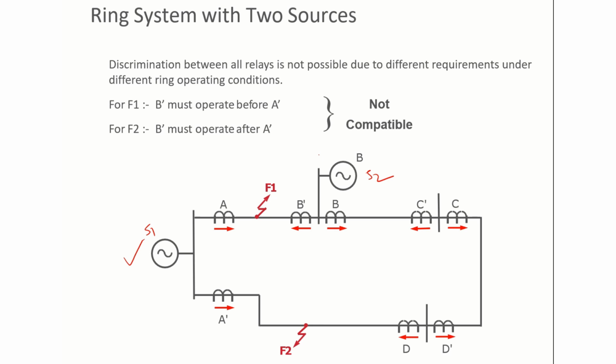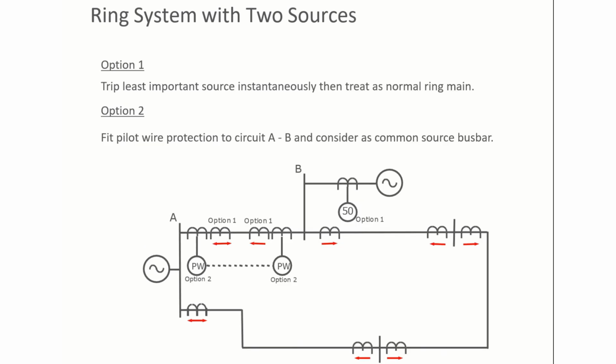The second option is we can use the pilot method, that is a carrier based method, in which we can consider a common source bus bar for bus A and bus B, and then using that pilot protection we can trip just one particular section.